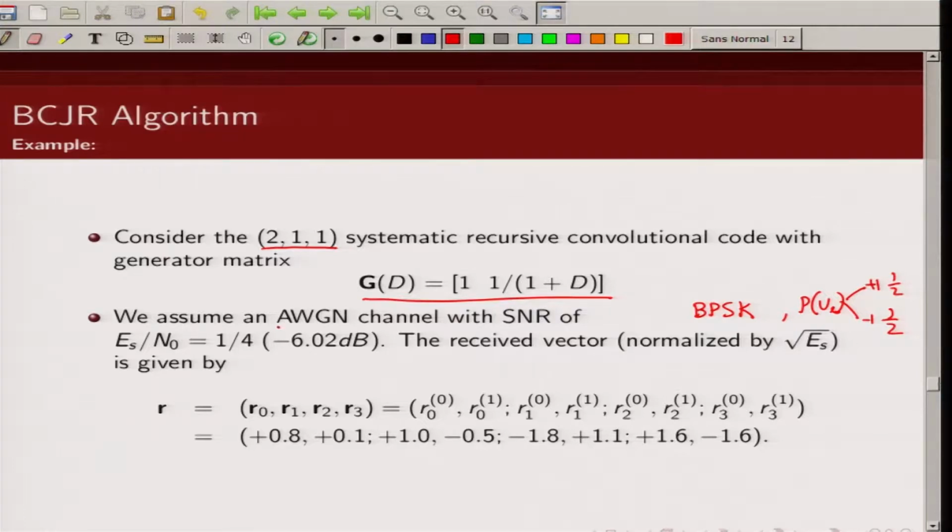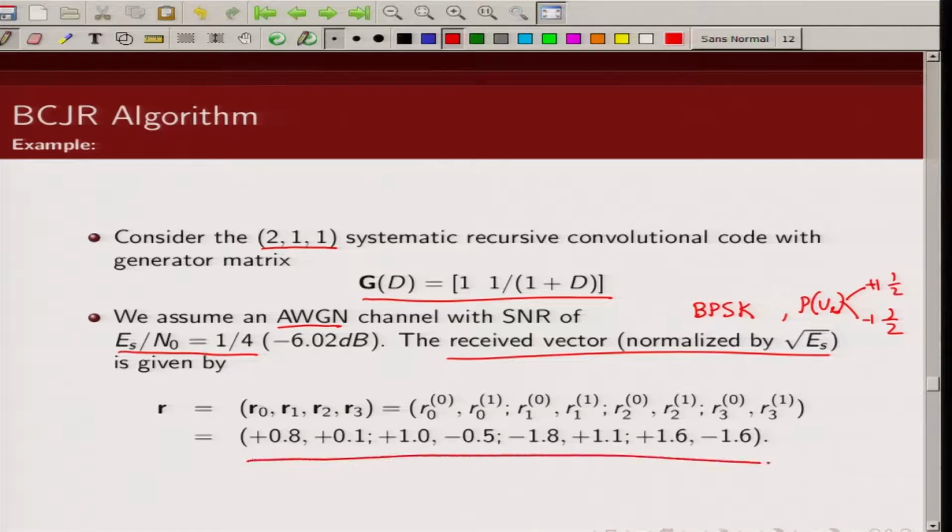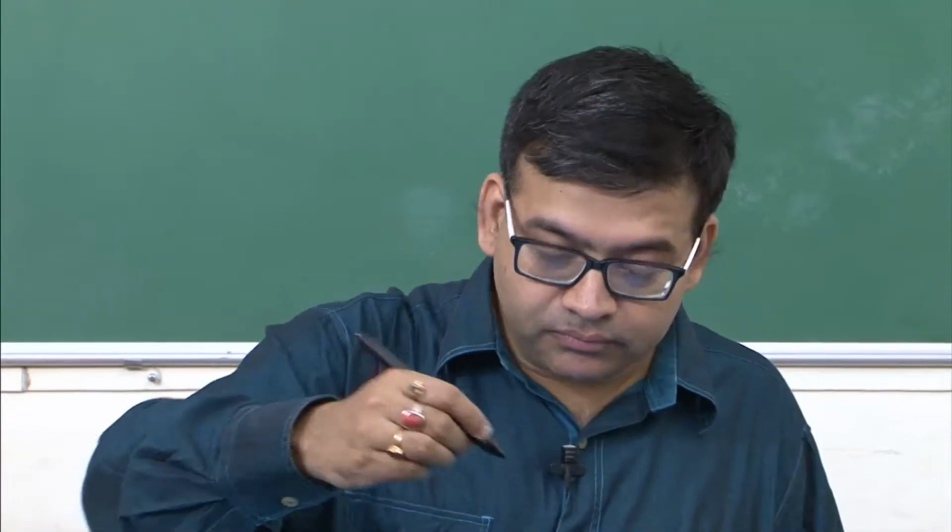We are considering an AWGN channel with SNR of 1/4, and we are assuming that the received signals are normalized by root Es. So, what we are receiving is this particular sequence. The question I am interested in is, if the received sequence is this, estimating what my information sequence was.